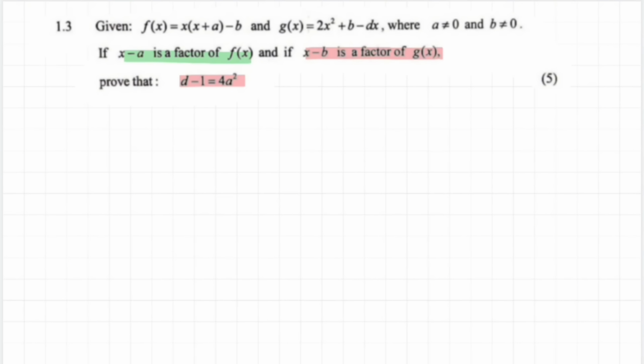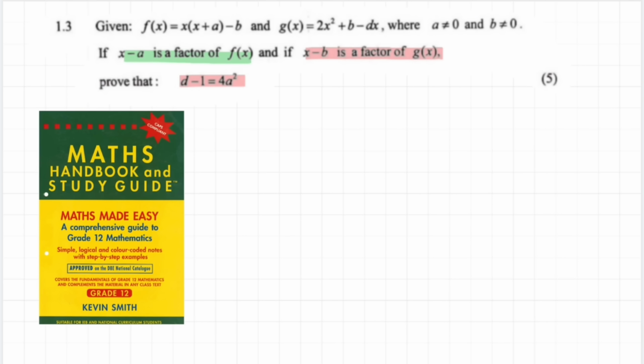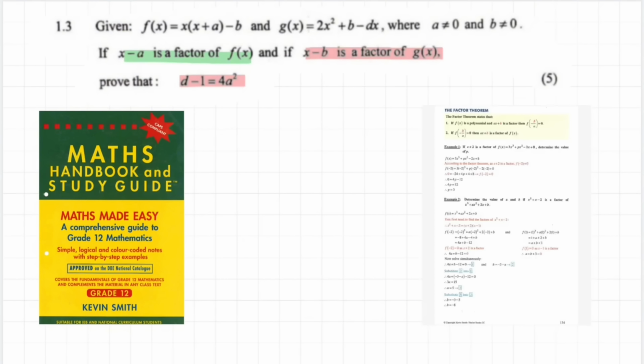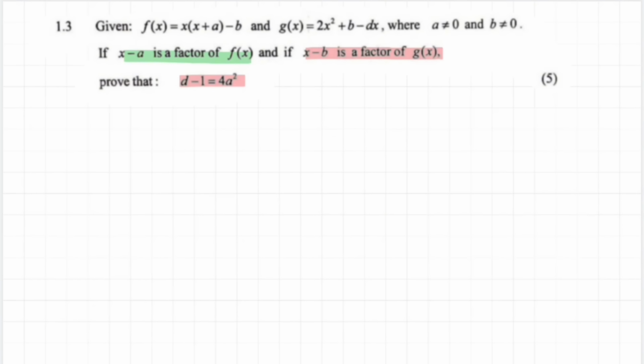Download that guideline and open page 134. There are 2 examples that are a little bit similar to this one. Go and do those 2 questions by yourself. There's a memorandum that you can see. After doing that, come back, pause this video and try it by yourself. This is going to completely change how you view calculus and this type of question. That's just a recommendation, but if you already know this, let me quickly solve this question.